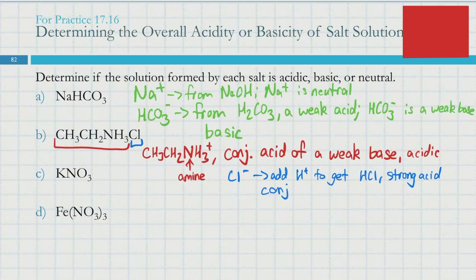And the conjugate base of a strong acid is pH neutral. So overall, that one is acidic.